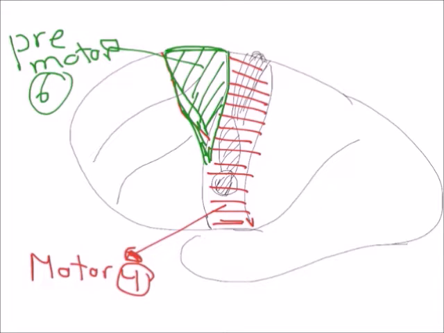Just below this area, we have an area called the frontal eye field. This area is called area 8 according to Brodmann classification, and it's called frontal eye field area. As you can see, it's lying mostly in the middle frontal gyrus.